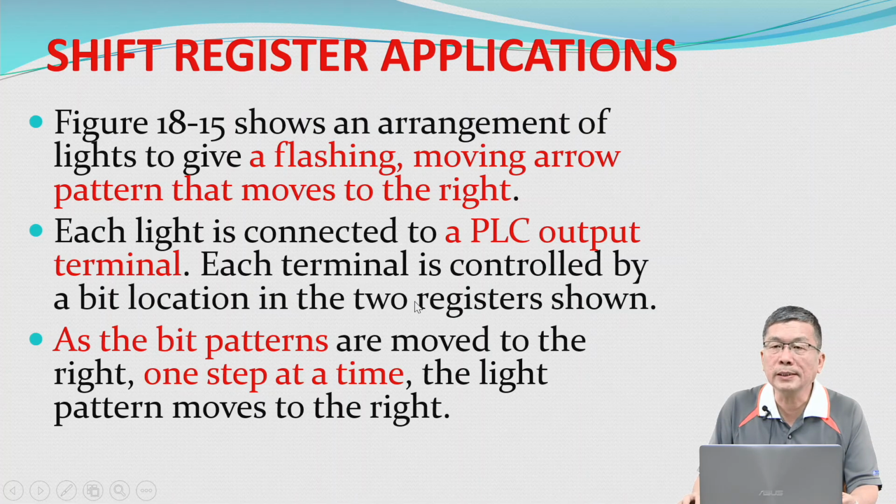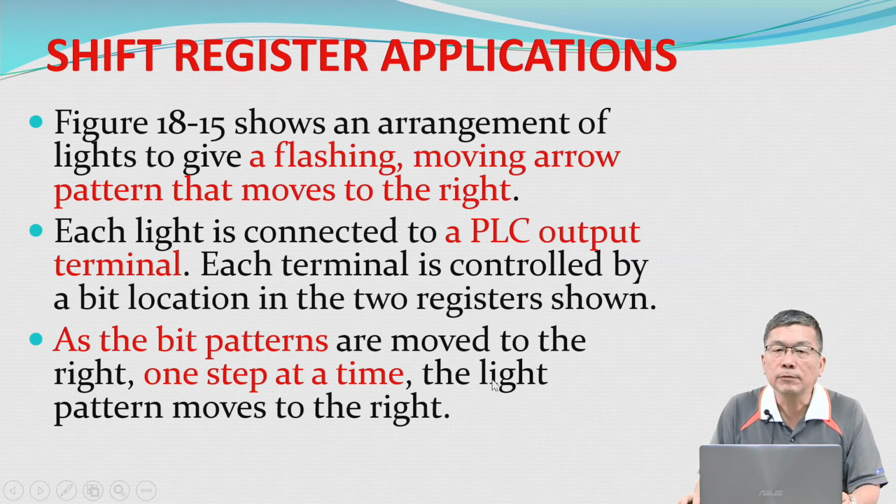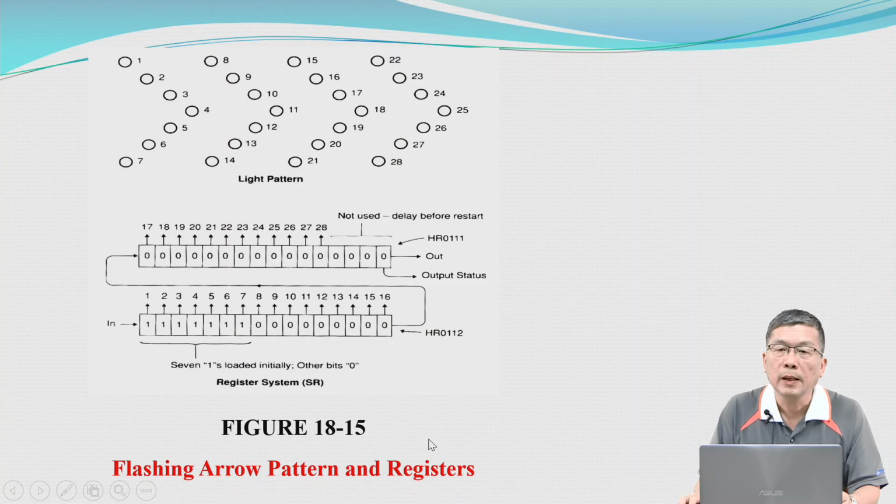Each terminal is controlled by a bit location in the two registers shown. As the bit patterns are moved to the right, one step at a time, the light pattern moves to the right. This picture shows the fraction arrow pattern and register.